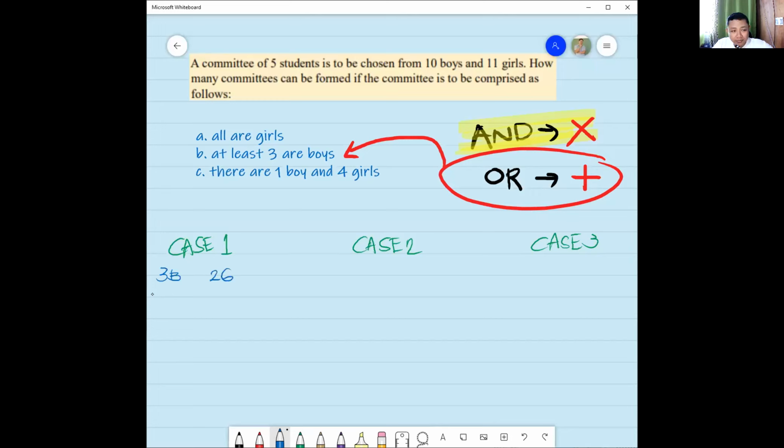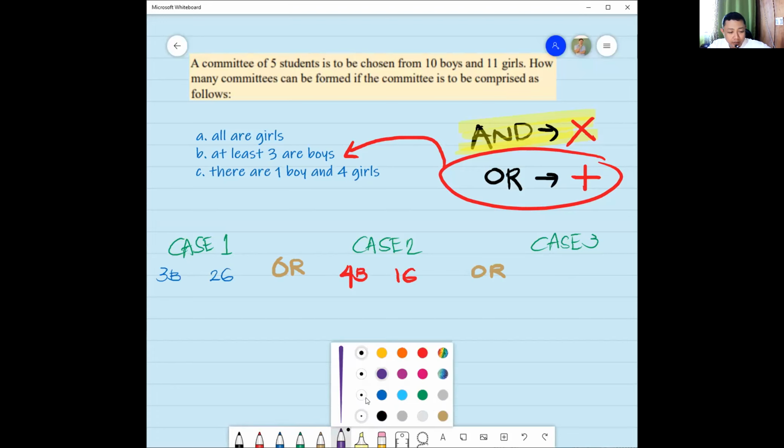Can you follow? That's the first case. Minimum. Kasi at least there are 3 boys. Or, dito napapasok si "or." Possible naman na we have 4 boys and 1 girl. Can you follow? And it's also possible that or we will have all 5.